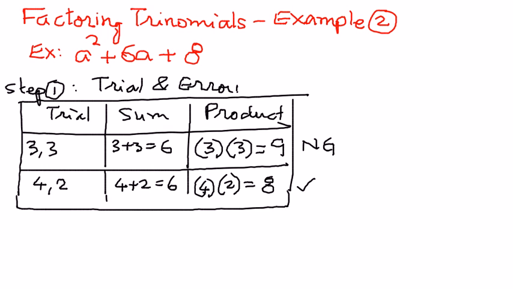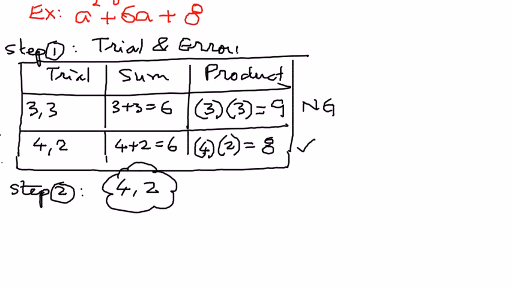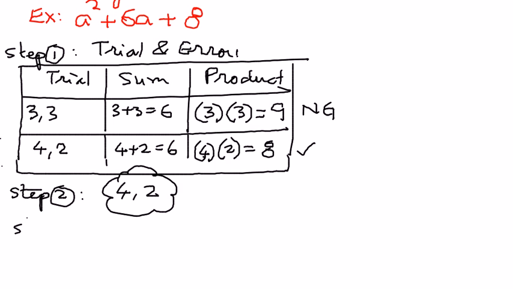We will use those, and therefore in step number 2, I want to recognize those two numbers. Those two numbers are 4 and 2. I'm going to put a small cloud around it and now go from there. Let me write this as step number 3. We want to expand the middle term using the two numbers which we have just found.